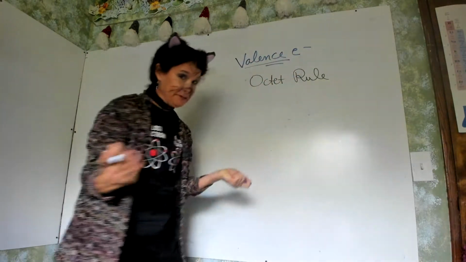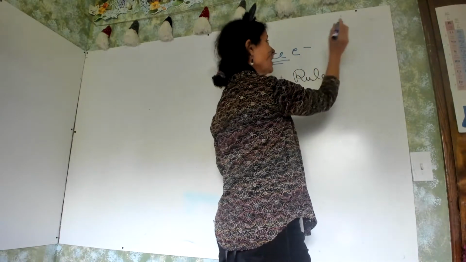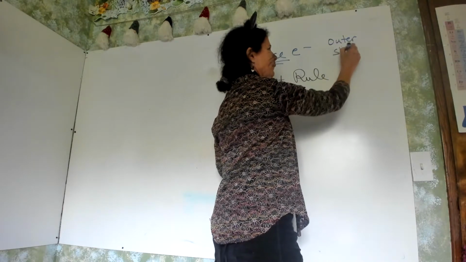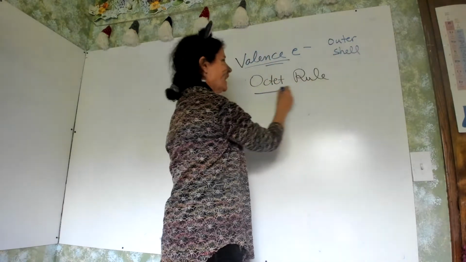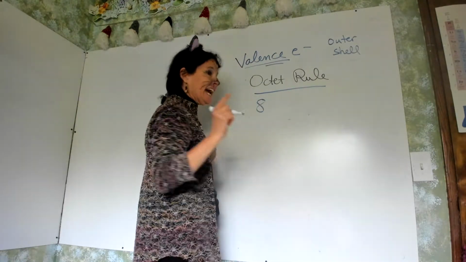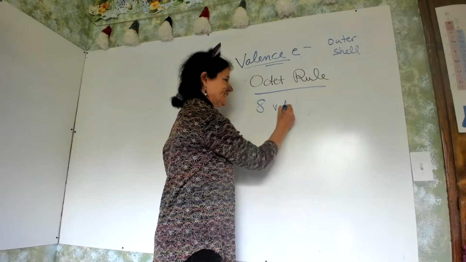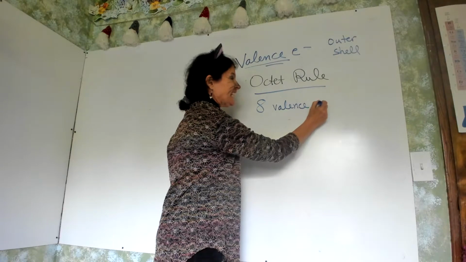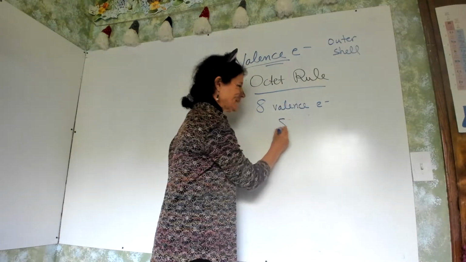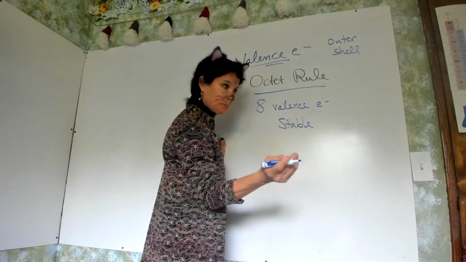Well, hopefully you've all answered that valence electrons are the outer shell. And what that has to do with the octet rule is the octet rule is about 8. Everything wants 8 valence electrons, because 8 valence electrons makes it a stable atom, a stable molecule.